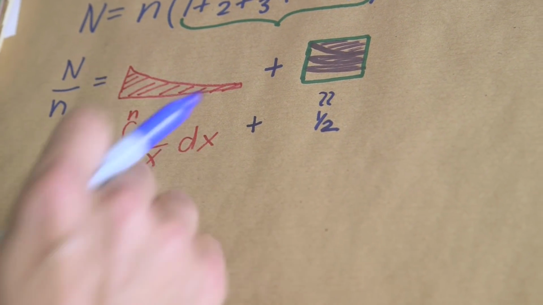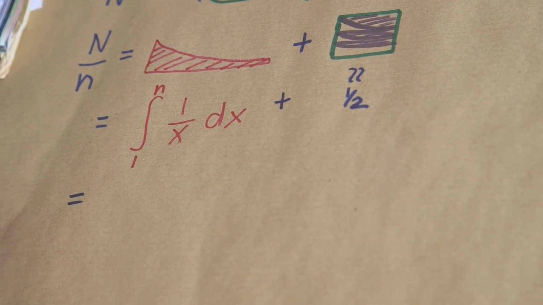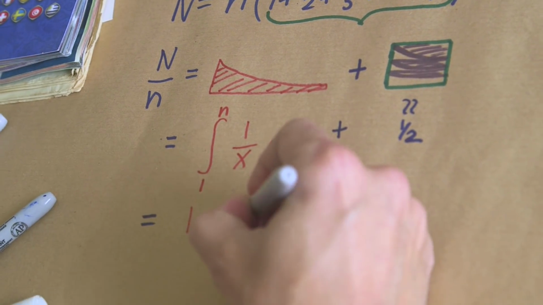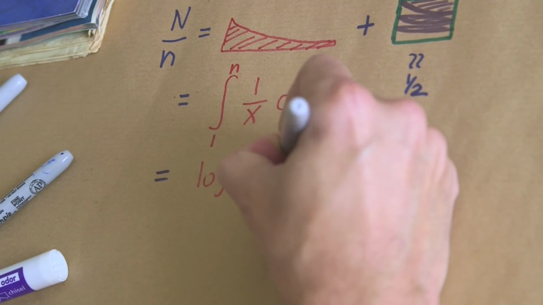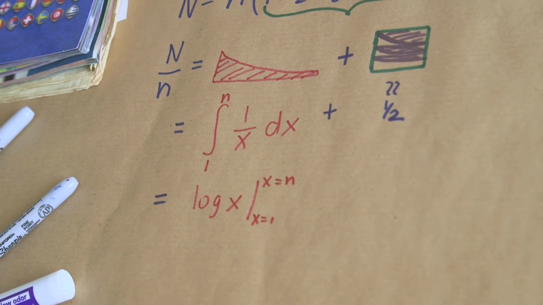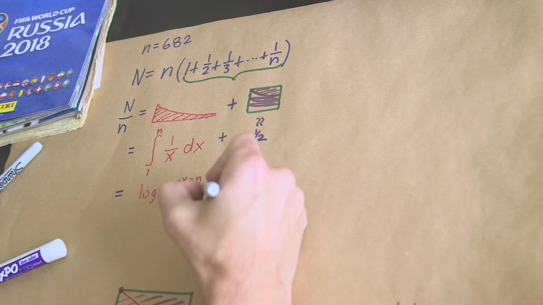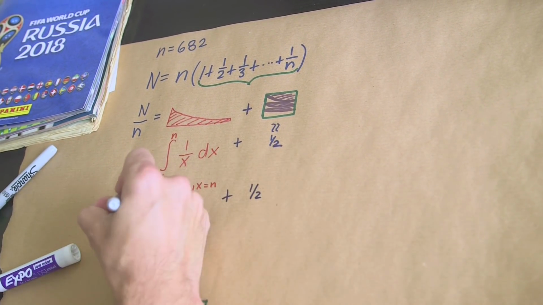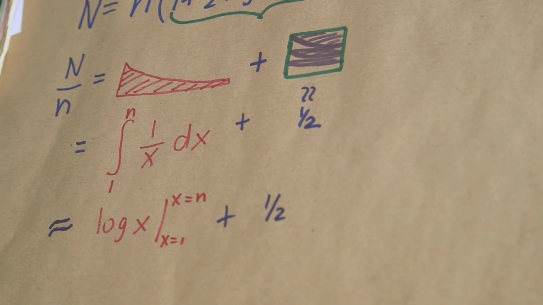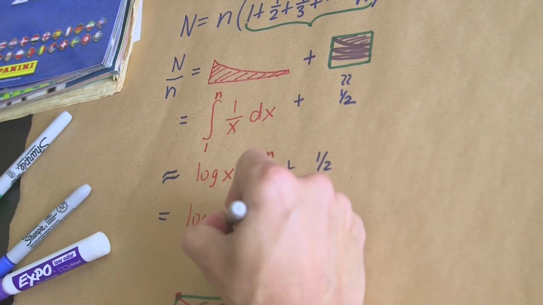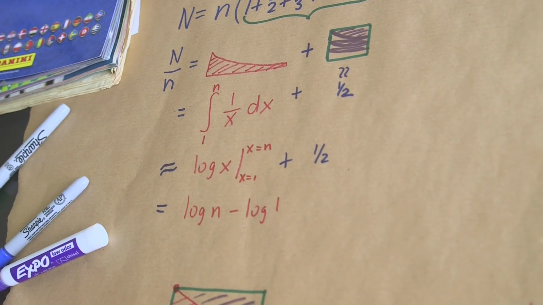Now, how much is this? Well, the integral of 1 over x is the logarithm of x, between x equals 1 and x equals n. And then we'll say this is still about a half. I guess I should say this is approximately equal. And if you look at what this is, log n minus log 1, and then plus a half.